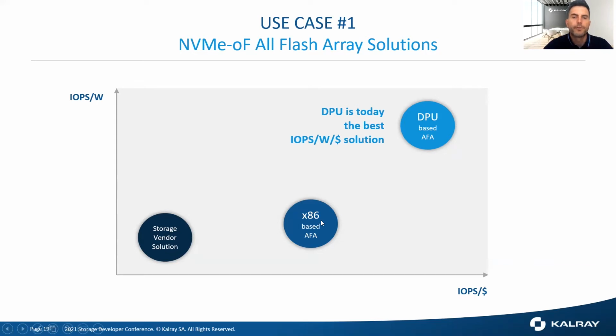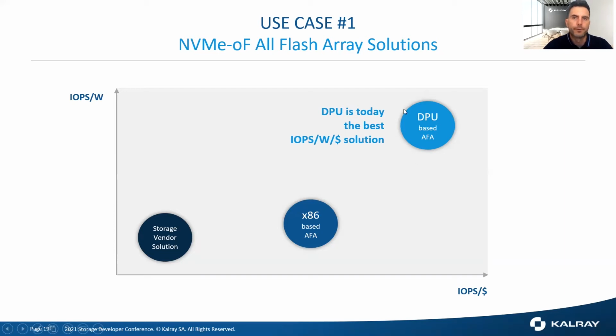But in terms of features, it's very difficult to put all the storage features while still keeping the performance. The more you add data services, the more the performance will collapse, basically, because the x86 is a general purpose processor, and you don't have the tightly coupled hardware dedicated accelerators that DPUs have that allow them to cope with the additional data services.